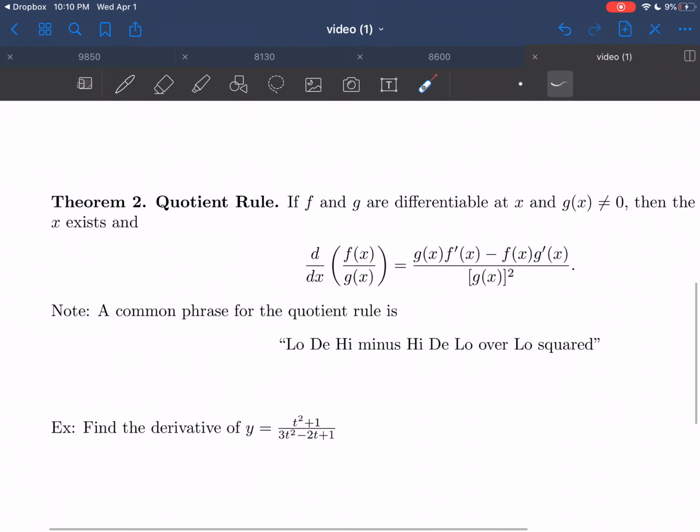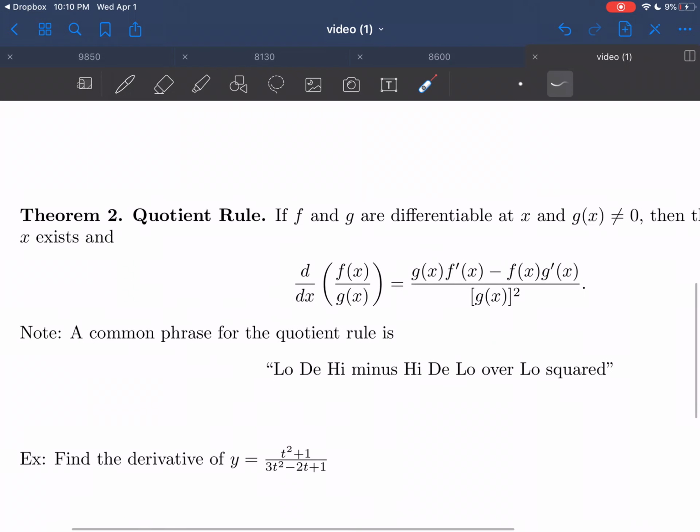Alright, so the product rule, you're using addition. Quotient rule, you're going to use subtraction, and you've got this division step in here. A common way to remember this is going to be low d high. So low, derivative of the high one, minus high d low, derivative of the low one, over low squared.